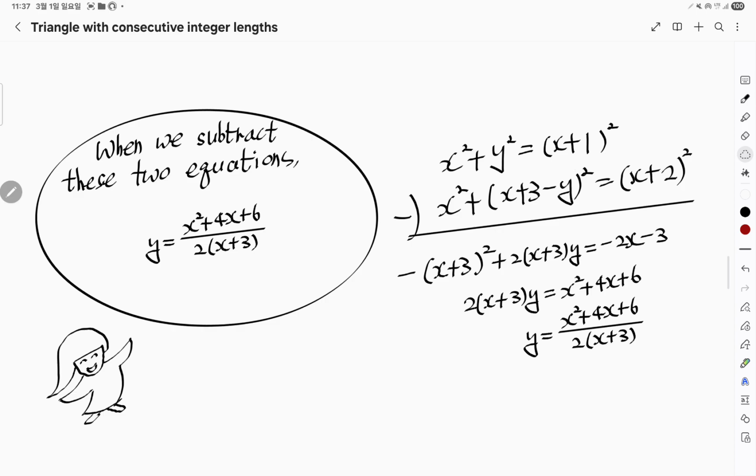When you subtract these two equations, y is (x squared plus 4x plus 6) divided by 2 times (x plus 3).